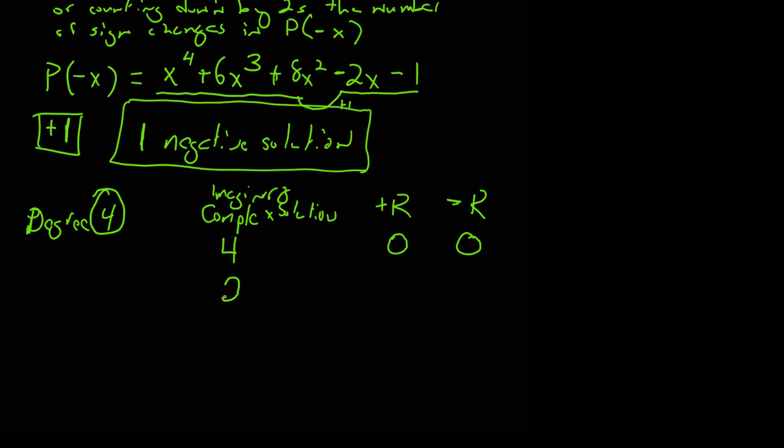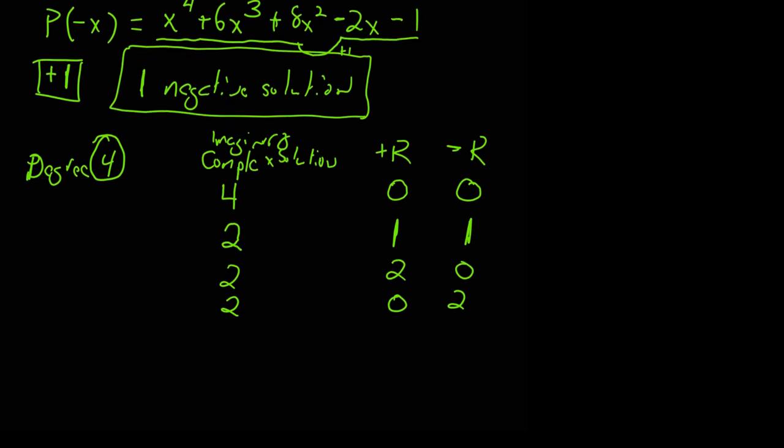Well, I can have 2 complex solutions. That leaves me with 2 real solutions. So I can have 1 positive, 1 negative. I can have 2 positive, 0 negative. I can have 0 positive and 2 negative. These are all the possibilities I can have for a degree 4 function.